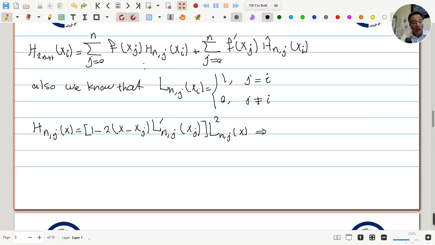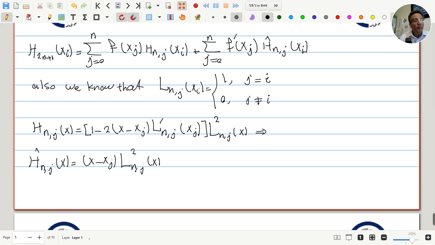Also the same thing for h hat is true. H hat_{n,j} at x is equal to (x minus x_j) times L_{n,j} squared at x.